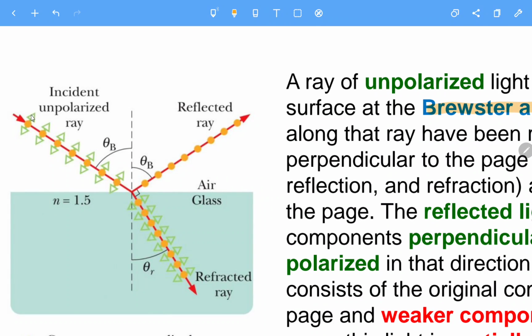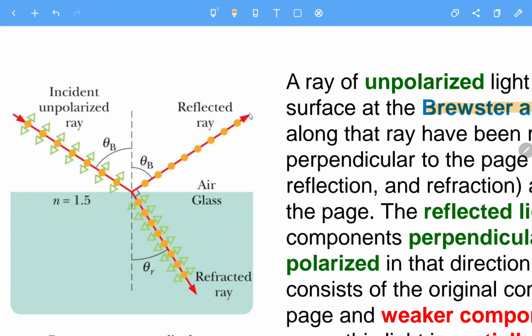We have the component indicated by the green arrow, and we also have the perpendicular component indicated by the orange dot. The orange dot can go to both paths, but the green arrow can only be refracted. It cannot be reflected.